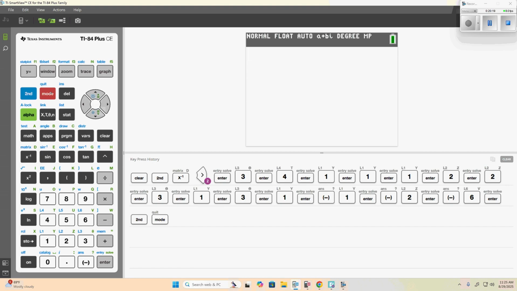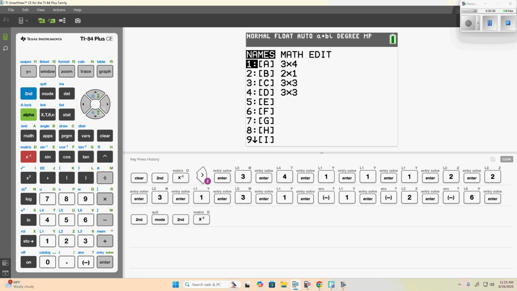So we're back to here, yes? Now second matrix. So once we get it typed in, we go second quit. So now we did second matrix to pull this back up.